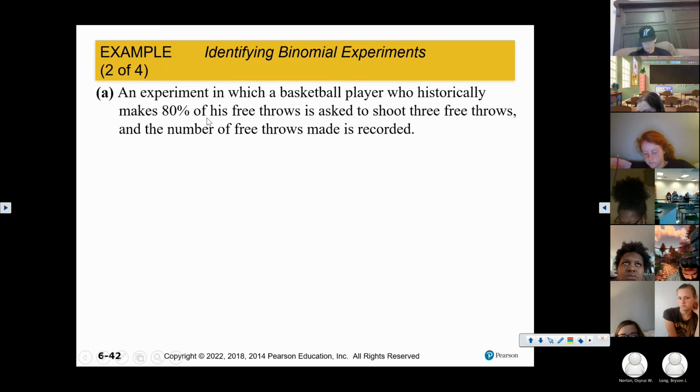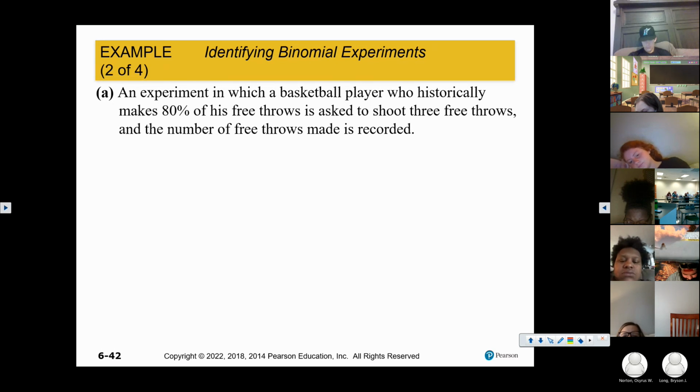When you throw a free throw, what's the outcome? You're either going to make it or you what? So it's binomial. You either make it or you don't. Just like true, false, male, female, 0, 1, heads or tails. Binomial. There are only 2 outcomes.